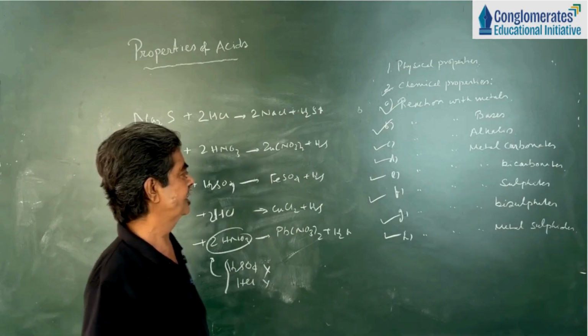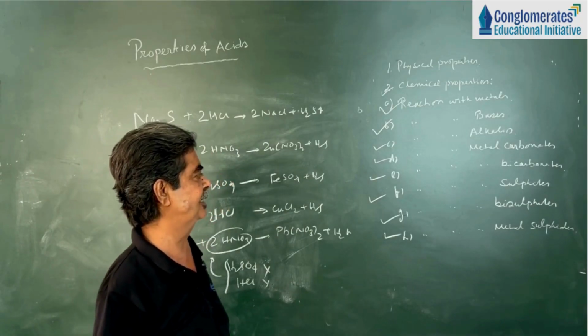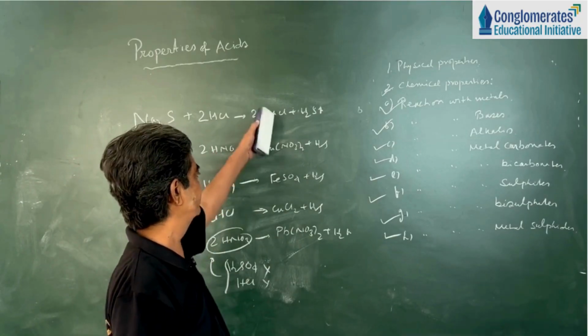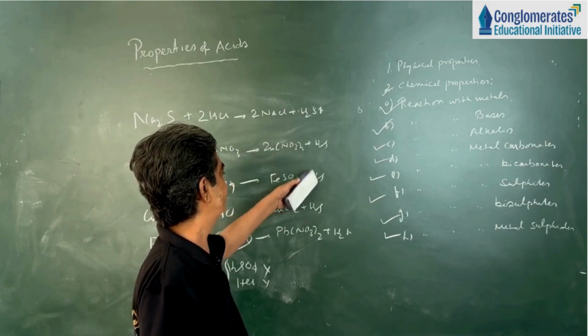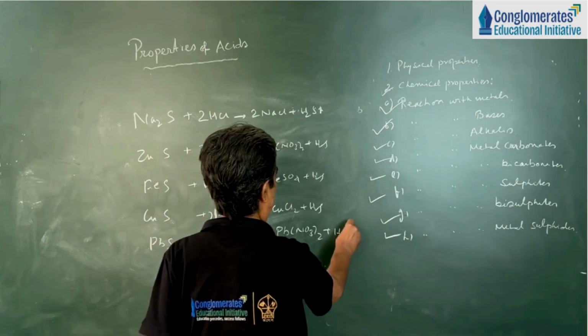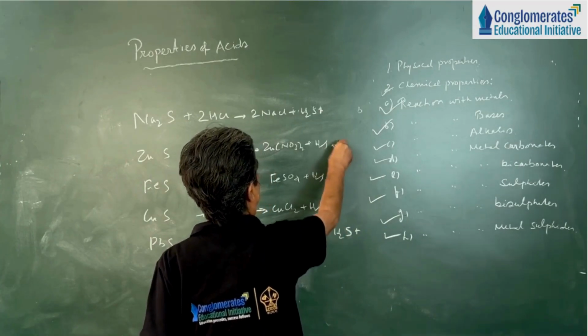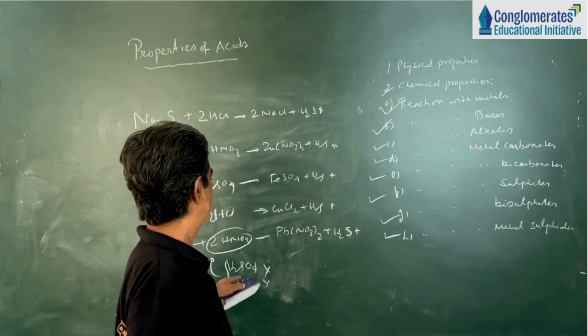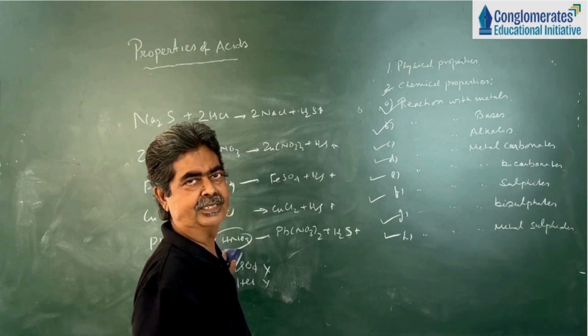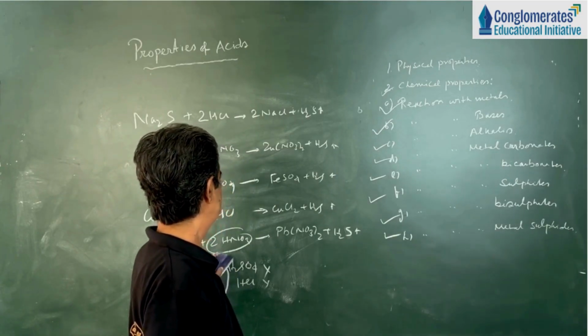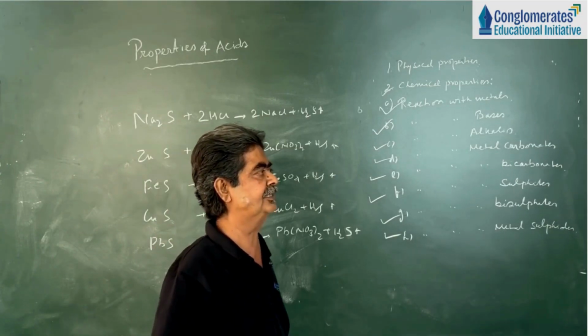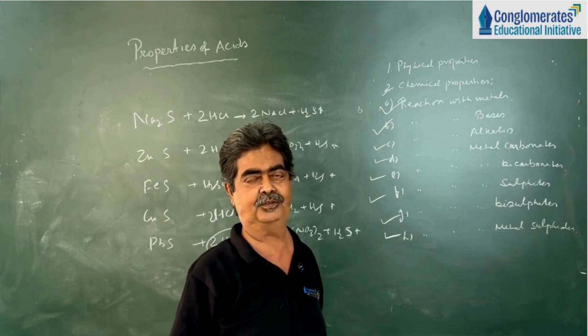Now let me conclude that metal sulfides react with dilute acids to evolve hydrogen sulfide gas, H2S. Only in case of lead sulfide, nitric acid can be used, no other acids, because they form an insoluble coating of lead sulfate and lead chloride.